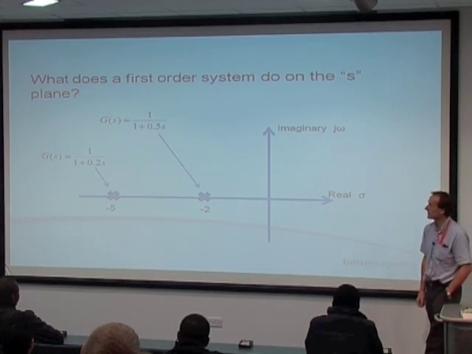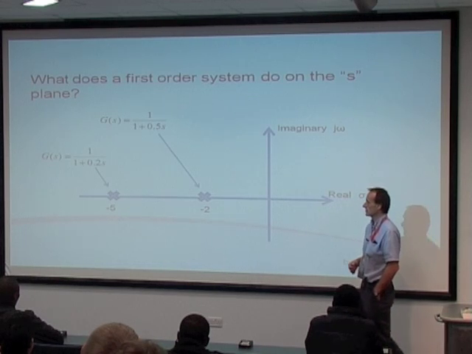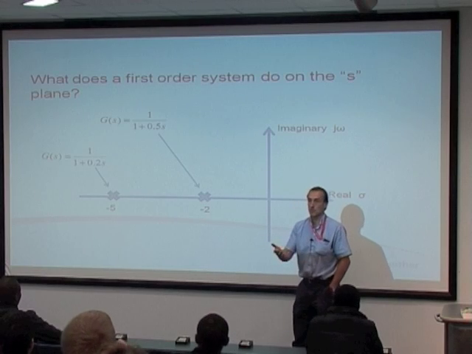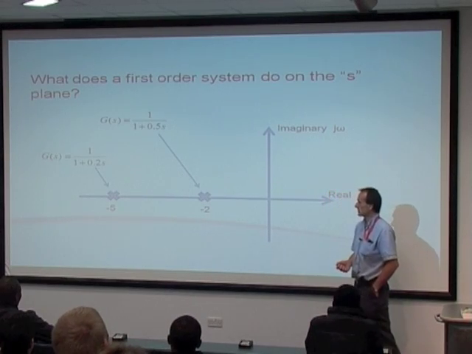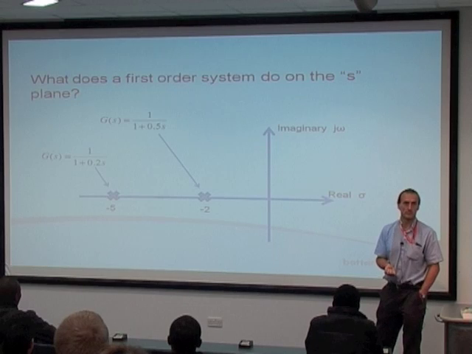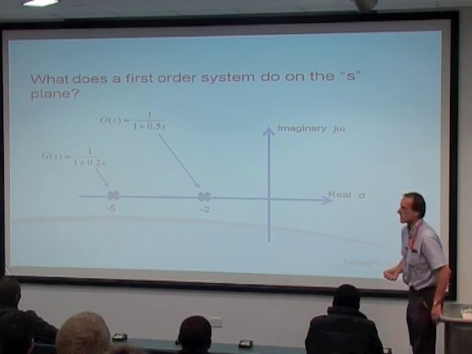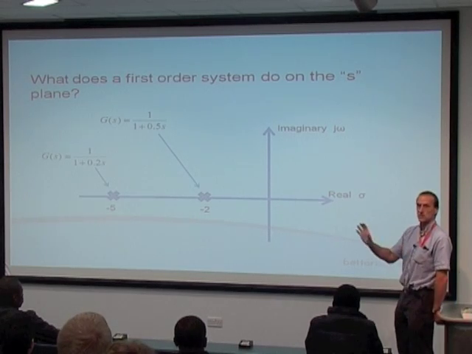There's another one. Similar first order system, 1 over 1 plus 0.2s, you can see by exactly the same mechanism that that pole is going to end up at minus 5. I'm not going to go into the complex stuff yet.